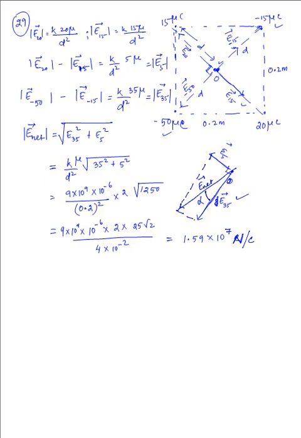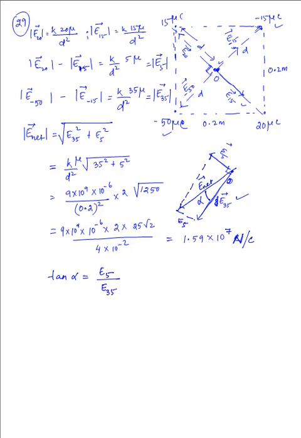So as we know from the direction of the resultant, tan alpha will simply be equal to E5 over E35, because this is 90 degrees. This is E5 and this is E35.